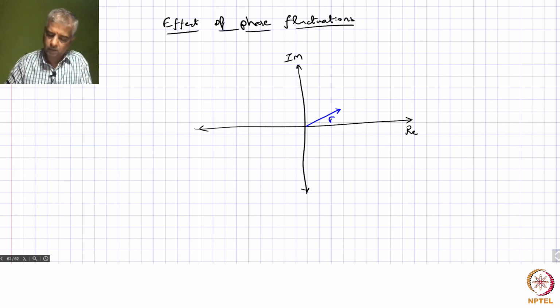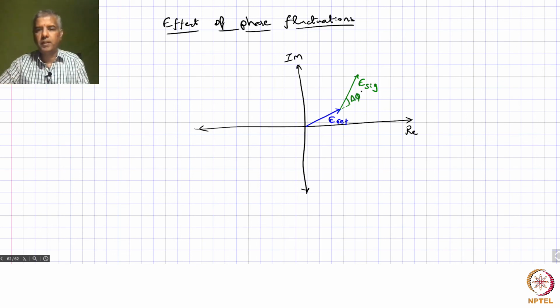We call this E ref. Then the signal that you want to measure, let's say that corresponds to E sig, and the phase difference between them is delta phi.